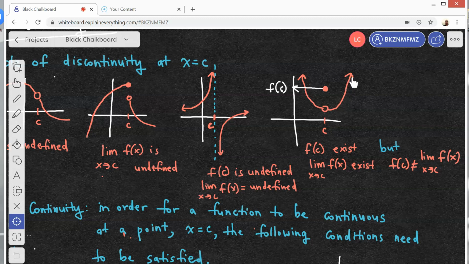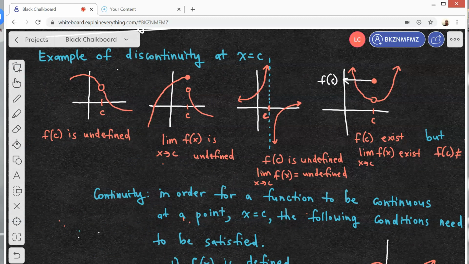From the right side, you're also approaching a different y value than f of c. F of c is up here. The open circle is down here. And both parts of the graph are approaching that open circle. So even though the function exists, even though the limit exists, the function is still discontinuous because the function value at c does not equal the limit y value. So this is a different way of looking at discontinuity.